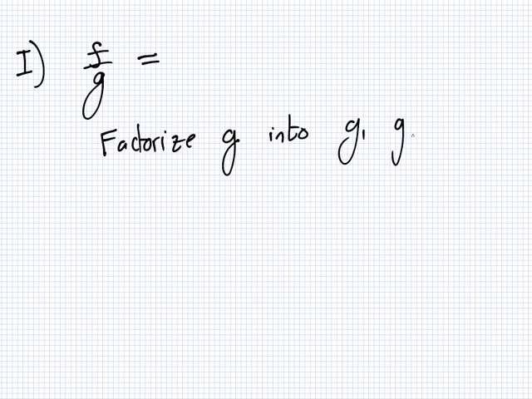Okay, so what you have to do first is to factorize g. And we'll just say g1, g2, etc. So this is over g1 plus this is over g2 plus this is over g3.